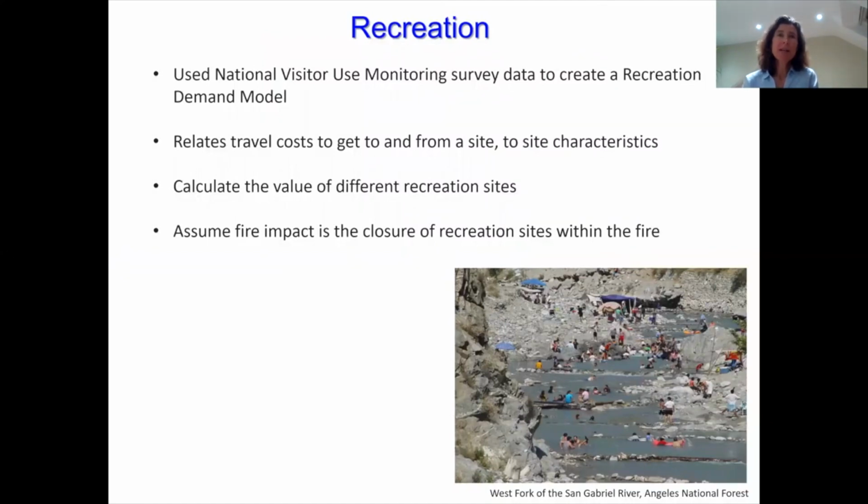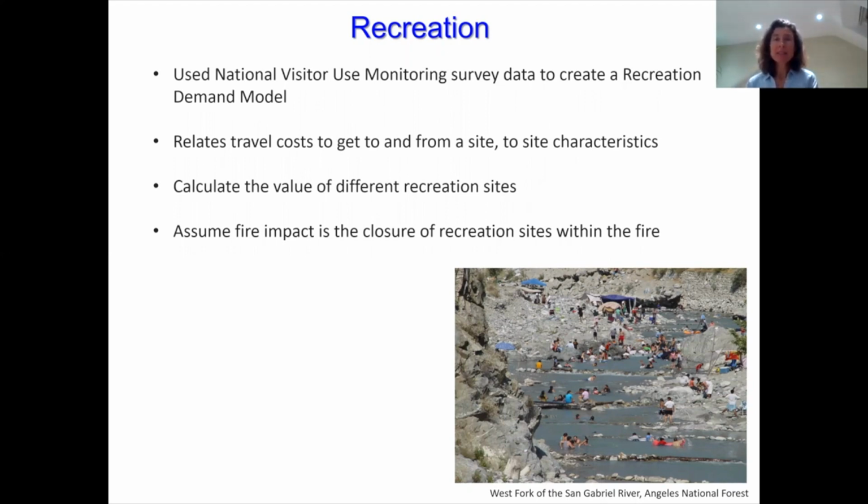We also looked at recreation, and for this we worked with partners at Michigan State University, and they used the US Forest Service National Visitor Use Monitoring Survey data to create a recreation demand model. This survey data is collected every 5 years on each forest.